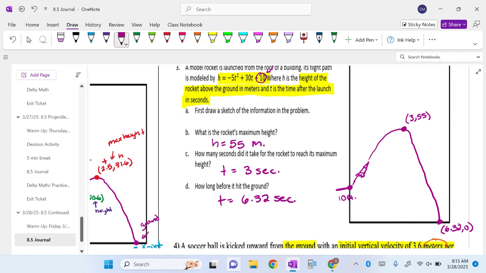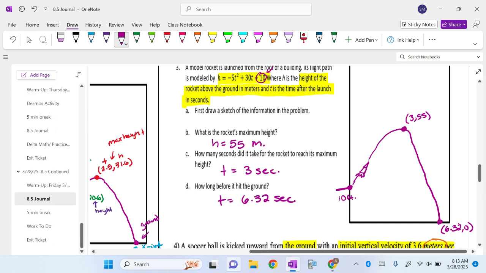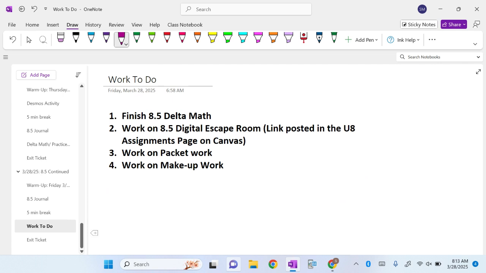All right. So for the rest of class, you have over an hour for this. I'll give you your 5-minute break after I explain instructions, and then we'll come back and just do work. Your work for today is you should be able to finish your 8.5 Delta Math. If you've already finished it, because I saw that some of you already did, there's an 8.5 digital escape room.